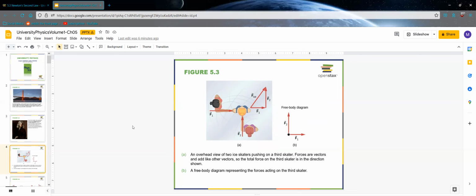So if those two figure skaters are pushing that one in the center, even though the force from F2 is coming from her back, the free body diagram has it going out because that's the force being imparted on her. It's an easy way to take a complicated looking question and simplify it down. So make sure you understand how A and B are related. It's very important to doing force work and really a lot of everything we do in this class.